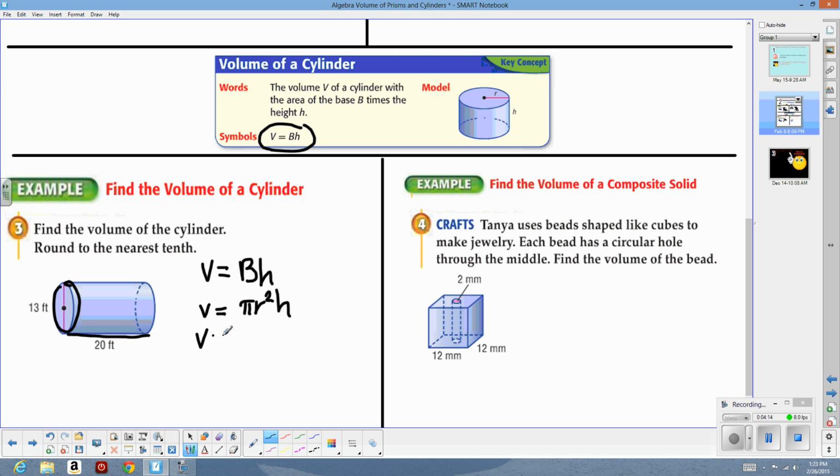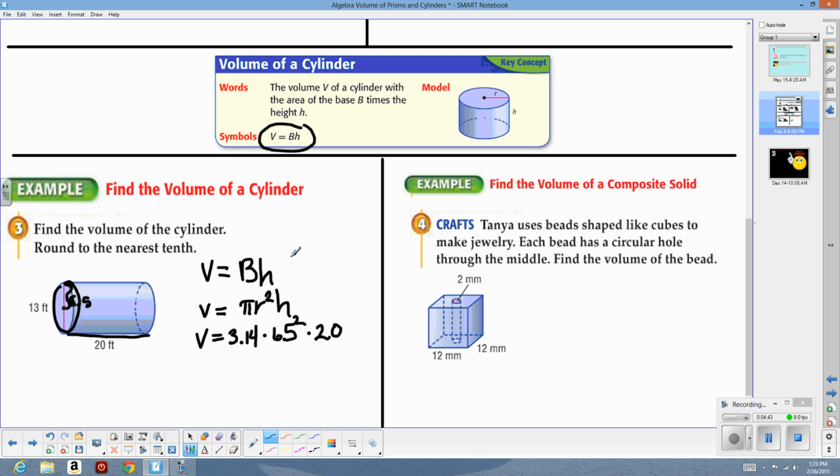So we're going to now plug in 3.14, which is an approximation for pi, and then times the radius squared. Well, if the diameter is 13, that means the radius is going to be 6.5. And then times the height, which is 20.